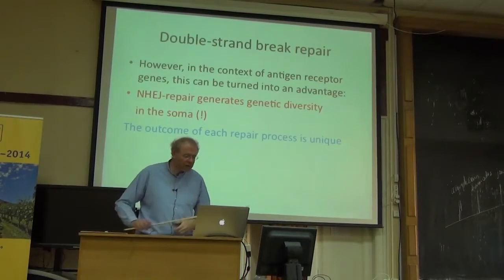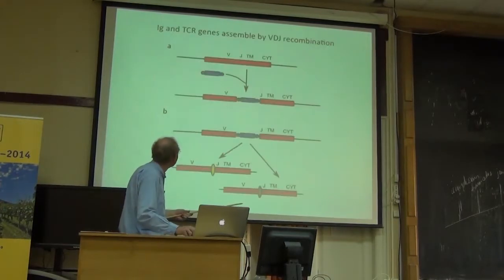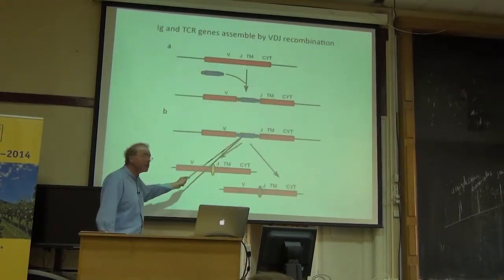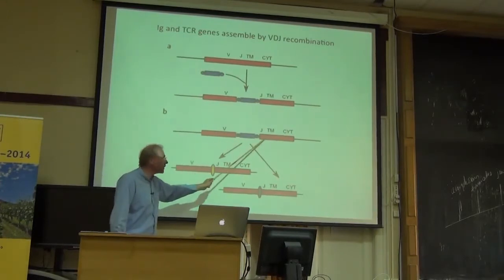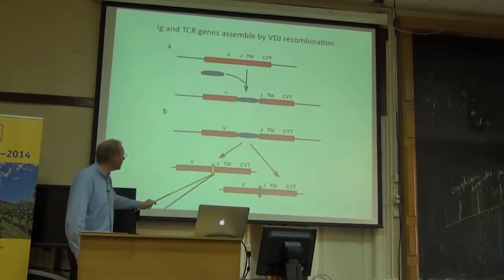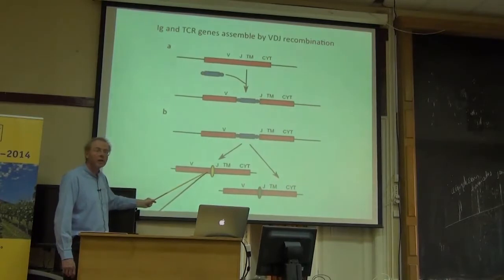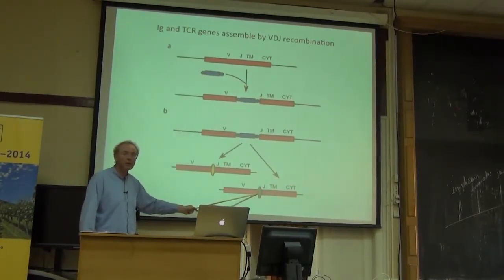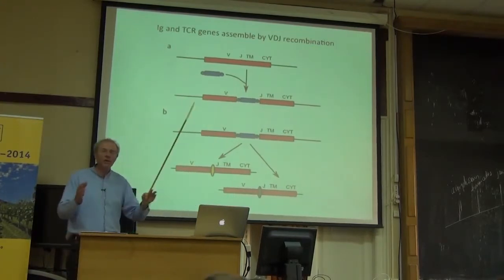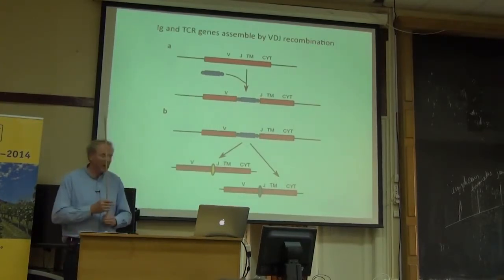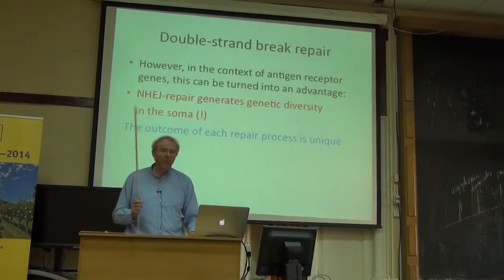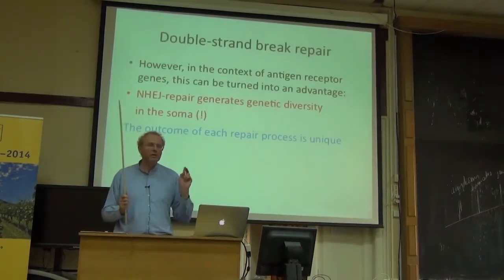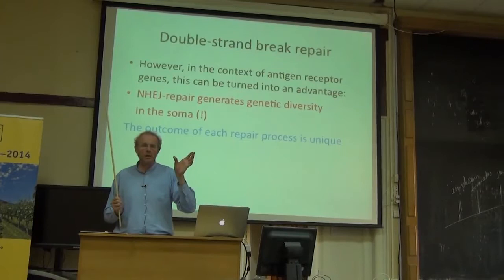And if you do this in a somatic cell, this is your germline configuration. In lymphocyte 1, you make this change. In lymphocyte 2, you make this change. Amazingly efficient procedure. One gene, one process, and each outcome is unique. So in each lymphocyte where this happens, you make a different type of receptor.